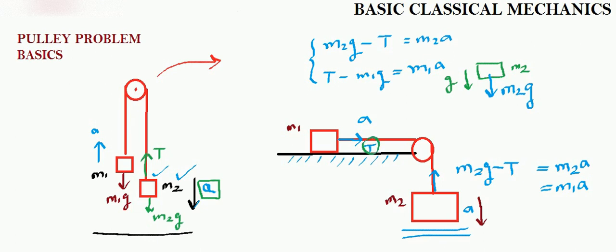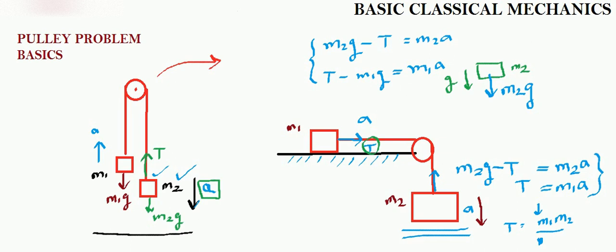So I can write finally the equation as tension equals m1a. So these are the two equations for this type of pulley system. Now when you solve this, you get the tension T as g times m1 into m2 divided by m1 plus m2.